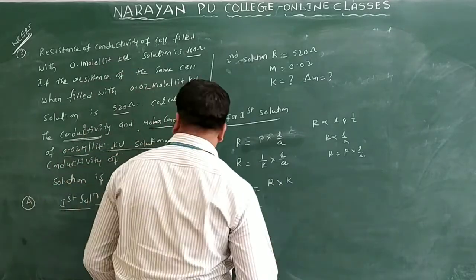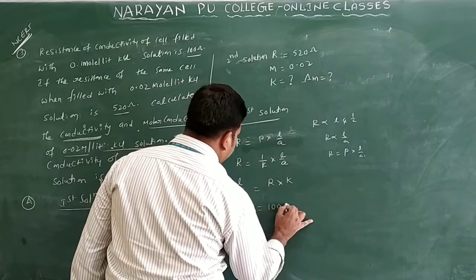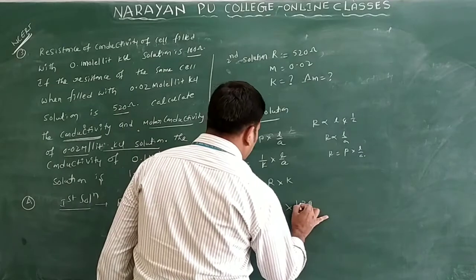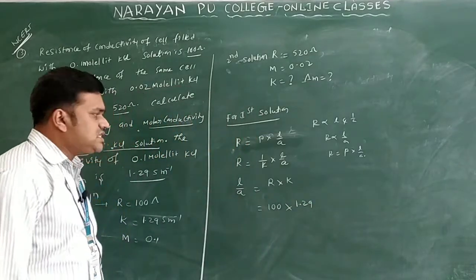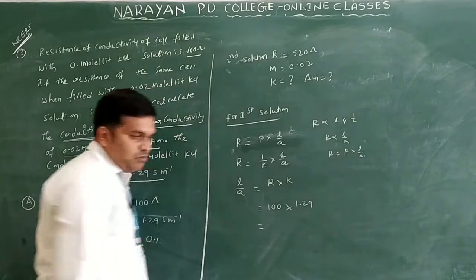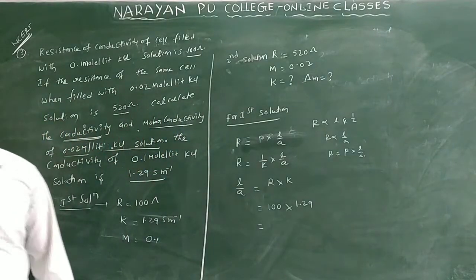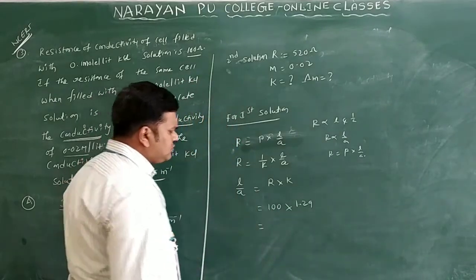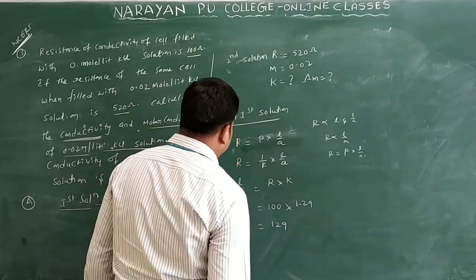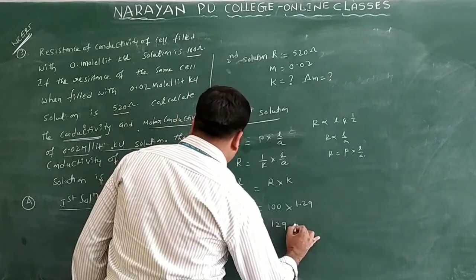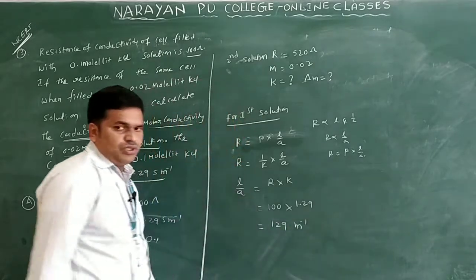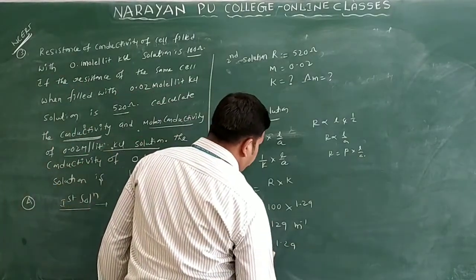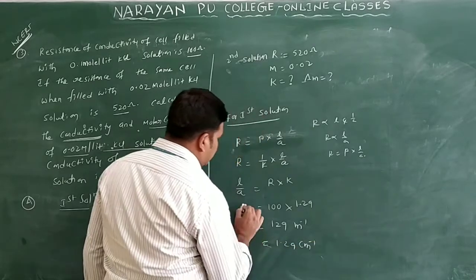The resistance is already given as 100 ohms, and the conductivity K is given as 1.29 Siemens per meter, which is 0.0129 Siemens per centimeter. Multiplying these, 100 ohms times the conductivity gives 1.29 per centimeter.